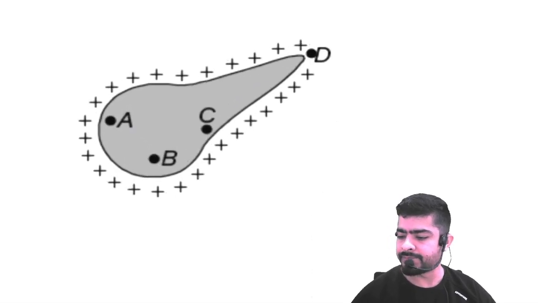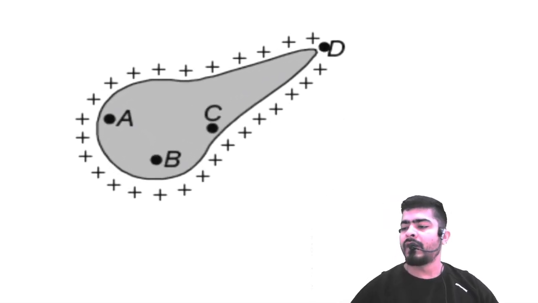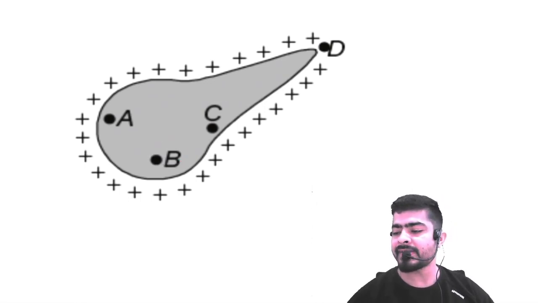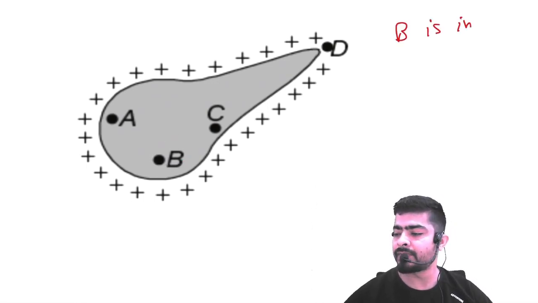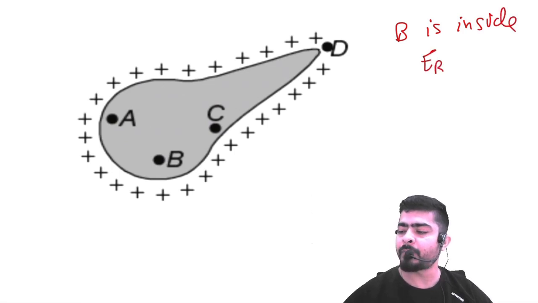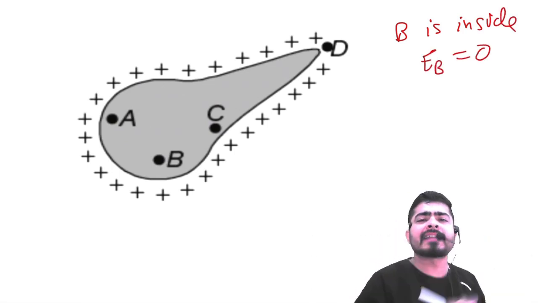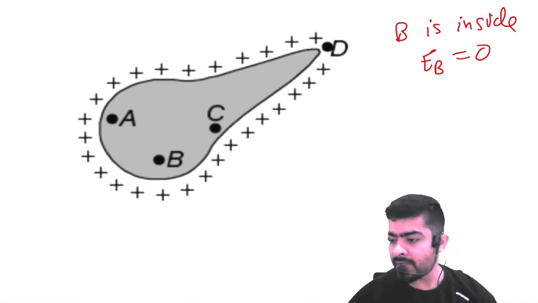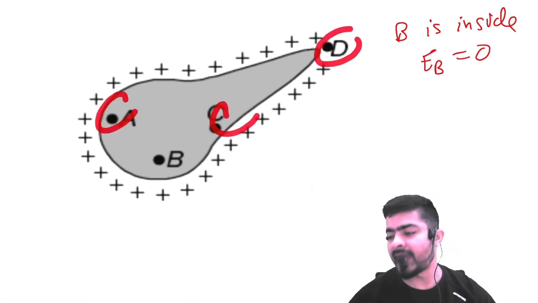Let's compare. First of all, look at point B. Point B is inside, right? So the electric field at point B should be 0, obviously. Electric field inside the conductor is 0. Fine. Now let's look at the points A, C and D.